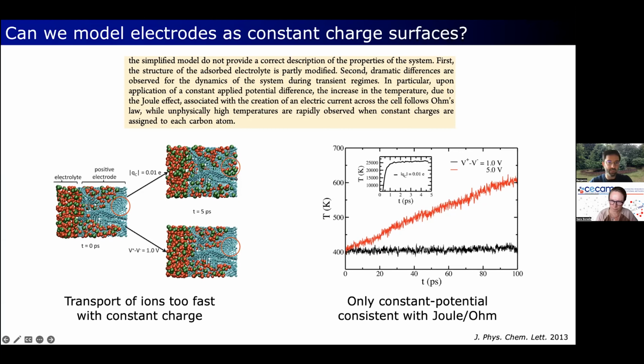Initially, if you impose the charges, then you are inducing an electric field that will drive the ions. Whereas in the constant potential picture, the charge builds up on the electrode as the ions come to polarize and compensate the charge. So the dynamics is then more diffusive in that case.